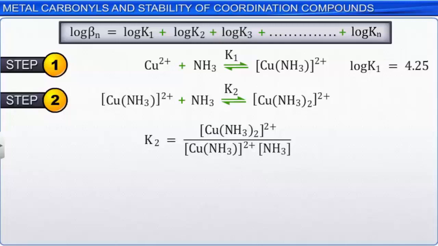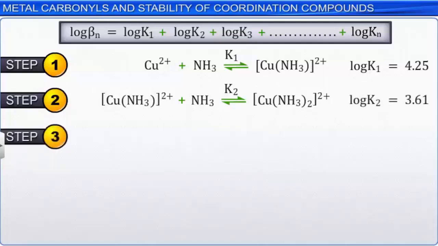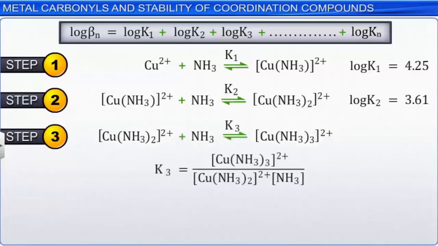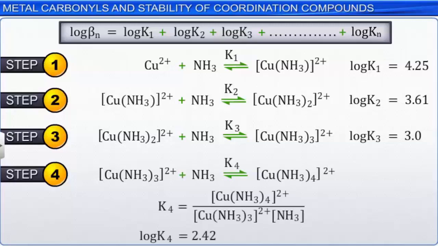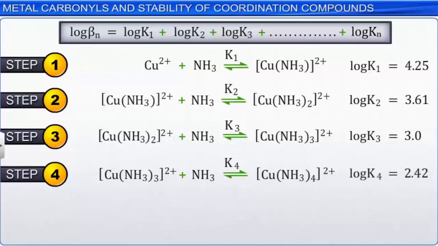The overall stability constant is simply the equilibrium constant for the complete reaction. Cu2+ + 4NH3 in equilibrium with Cu(NH3)4 2+. It is given by the expression beta 4 is equal to the concentration of Cu(NH3)4 2+ divided by the concentration of Cu2+ multiplied by the concentration of NH3 raised to the power of 4.